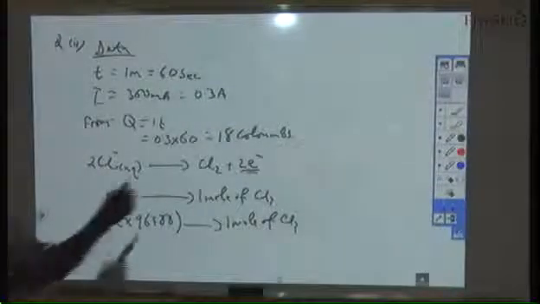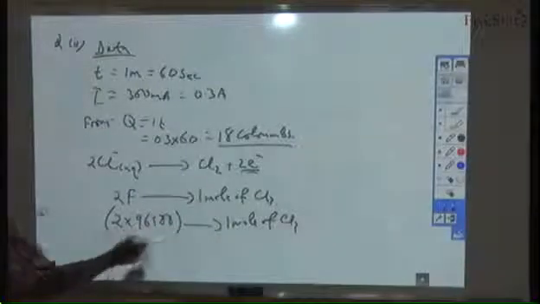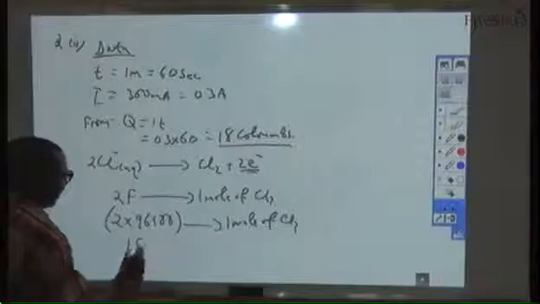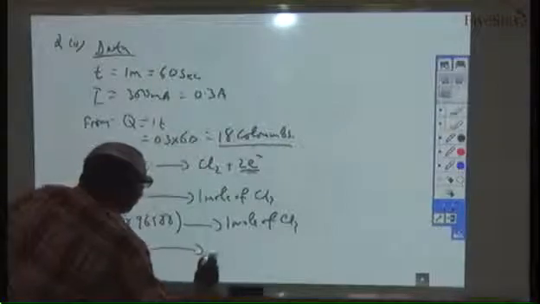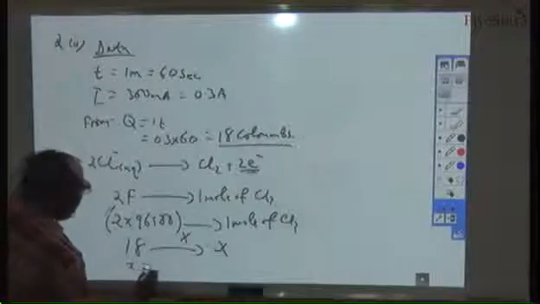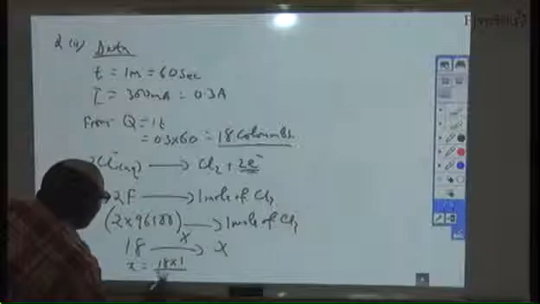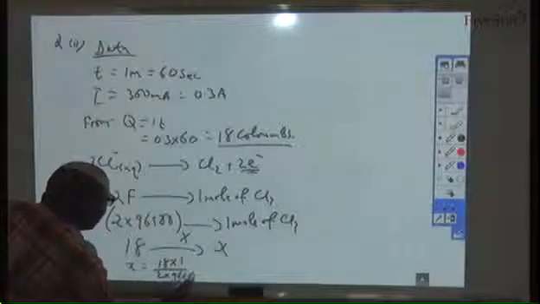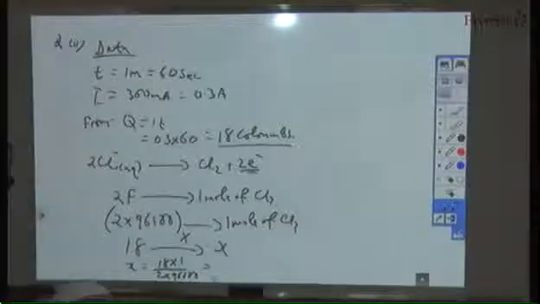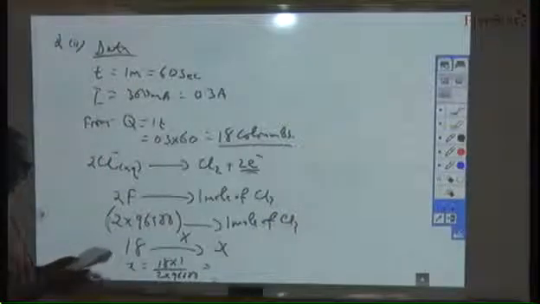But we passed only 18 coulombs. If this quantity of electricity can produce 1 mole of chlorine, now 18 coulombs, it produces how much? If you do the cross multiplication, we get x is equal to 18 times 1 over 2 times 96,500.